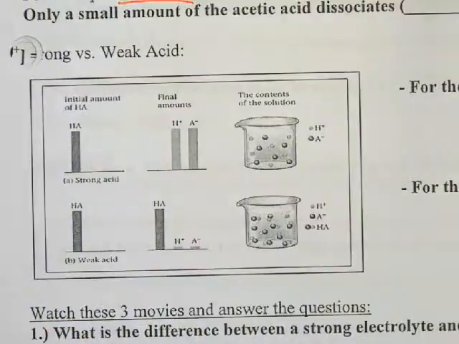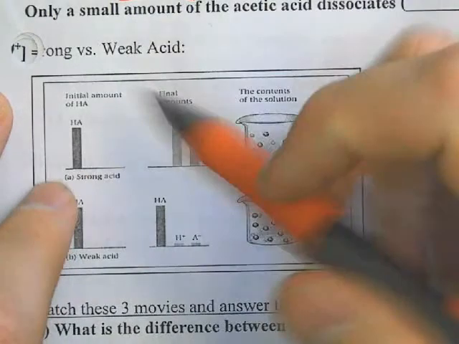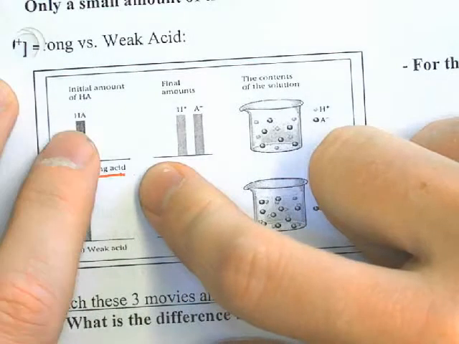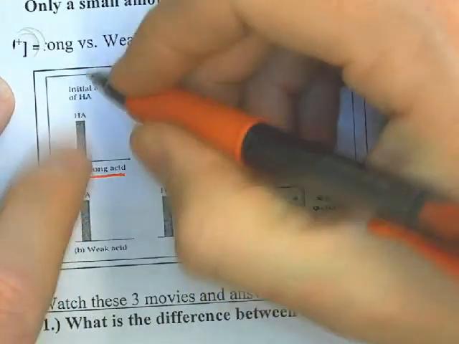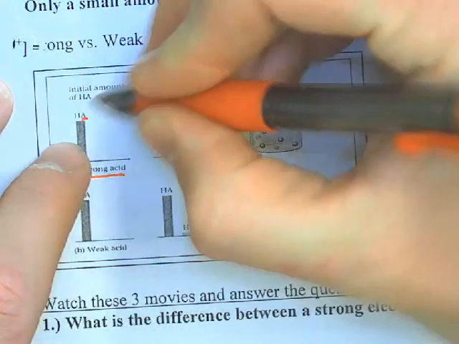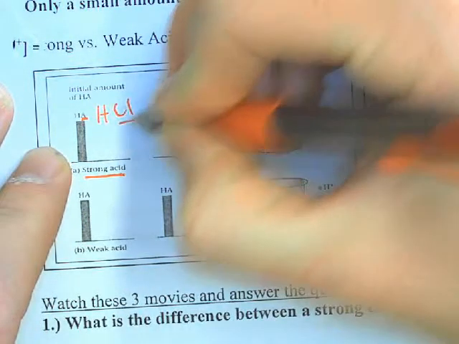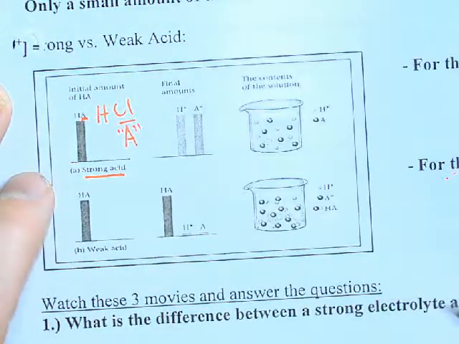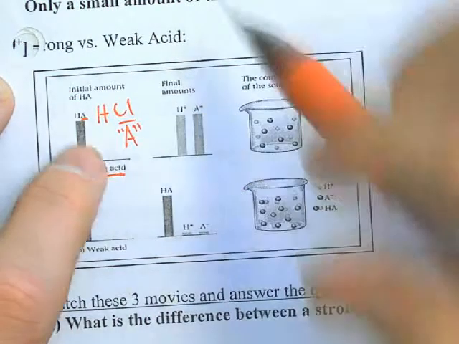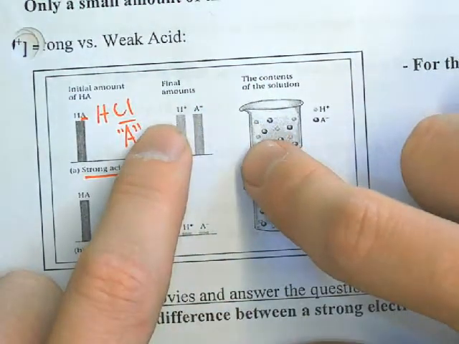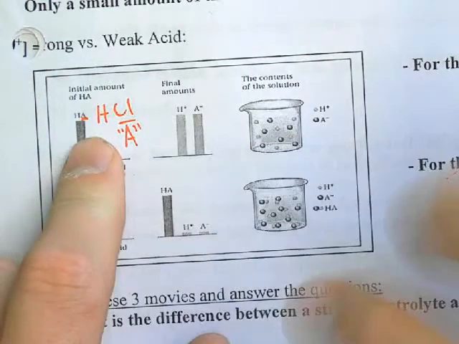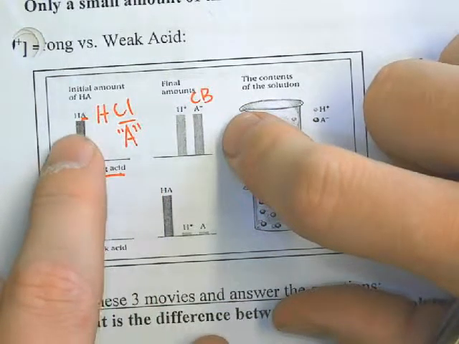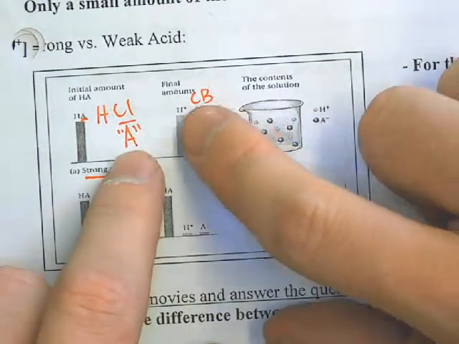This is perfect because, with a strong acid, and underline strong acid right there, you start off with HA. The A is a placeholder for Cl or anything else that goes next to the H. Your HA goes completely to H plus and A minus.